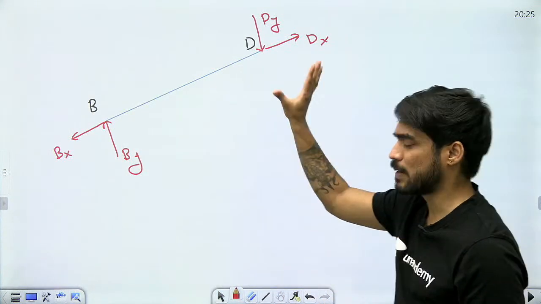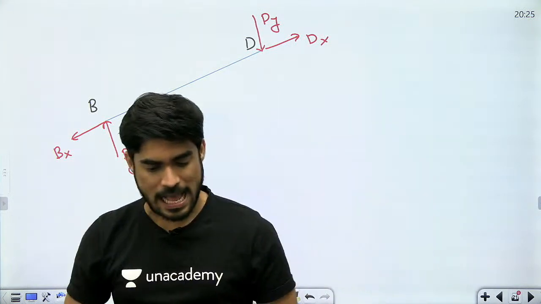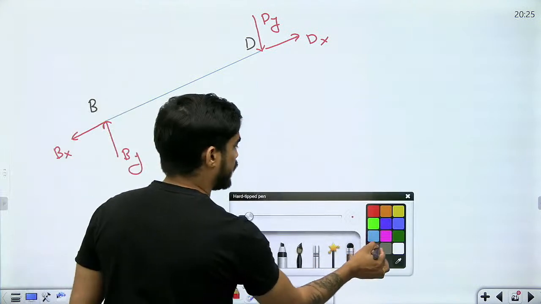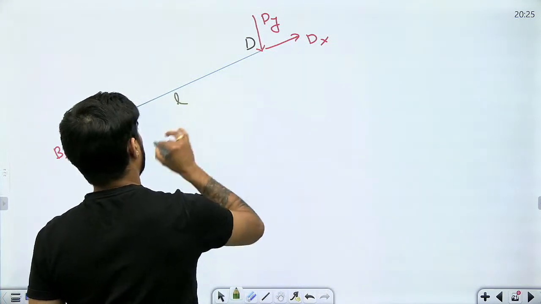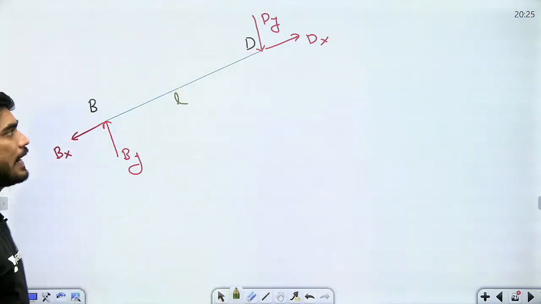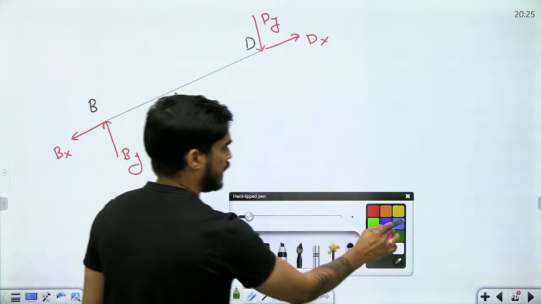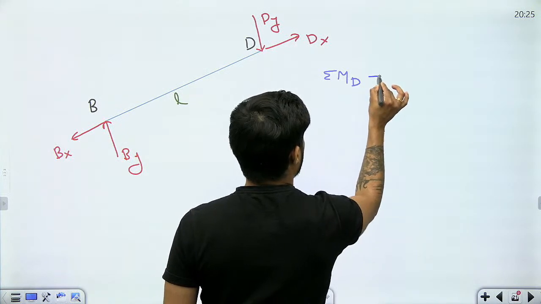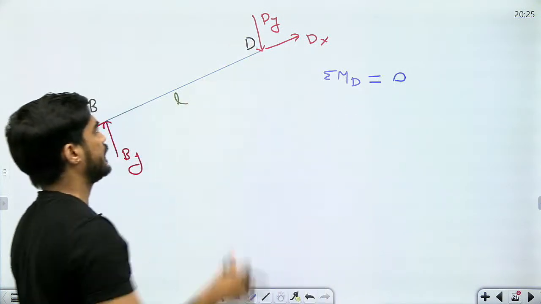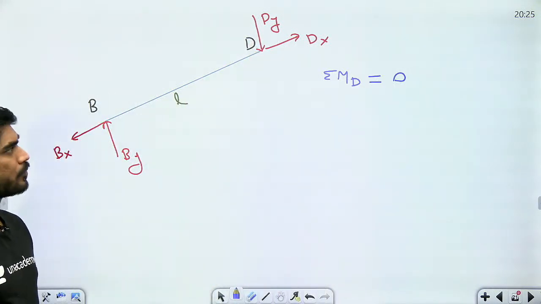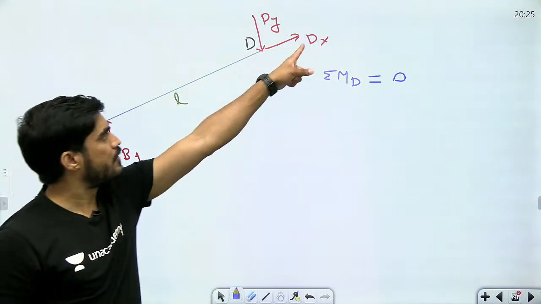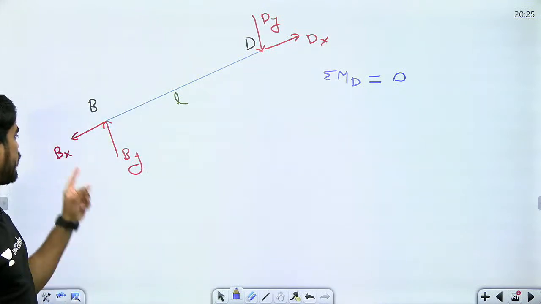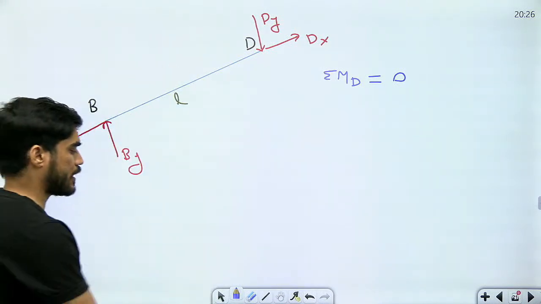So this is a multi force member now. Okay, now understand, let's say the length of this member is L. ठीक है, मान लो मेंबर का लेंथ जो है वो L है. If I take moment at point D, अगर मैं पॉइंट D पे मोमेंट लेता हूं, then the moment of dx and dy will be gone. Moment of bx will also be gone, right?